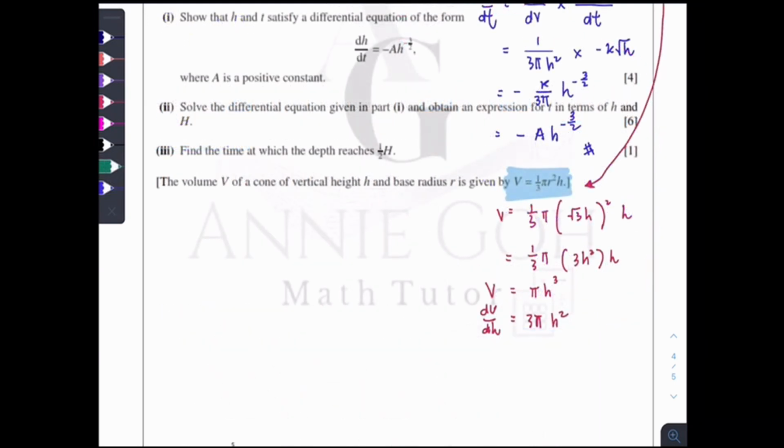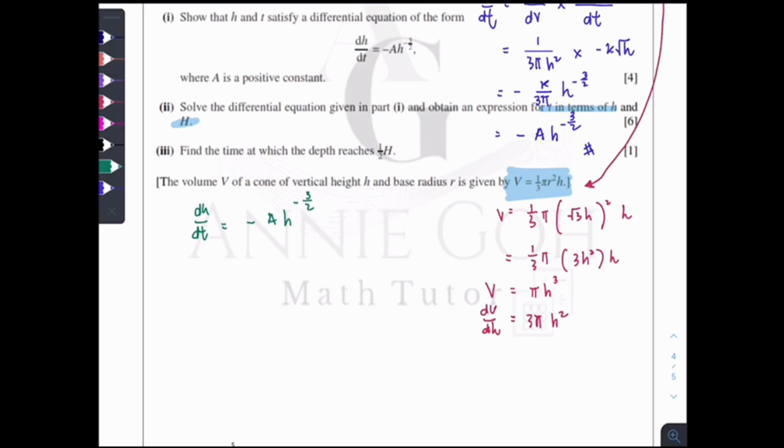Part 2, you are asked to solve the differential equation given in part 1 and obtain an expression for t in terms of h and h. Alright, so according to part 1's differential equation, dh/dt equals negative a h power negative 3/2.